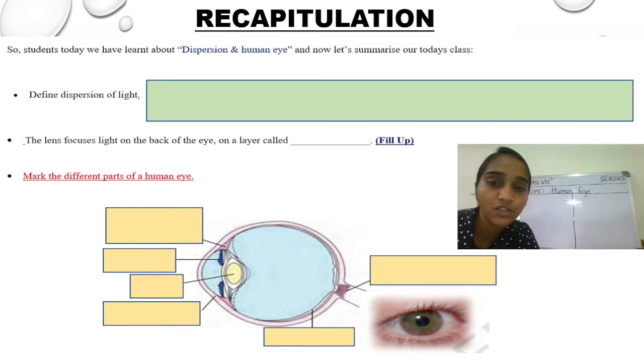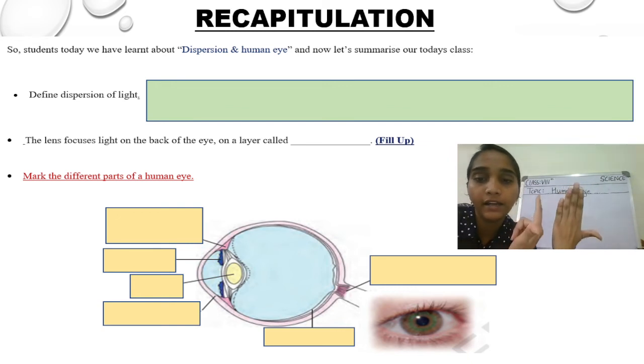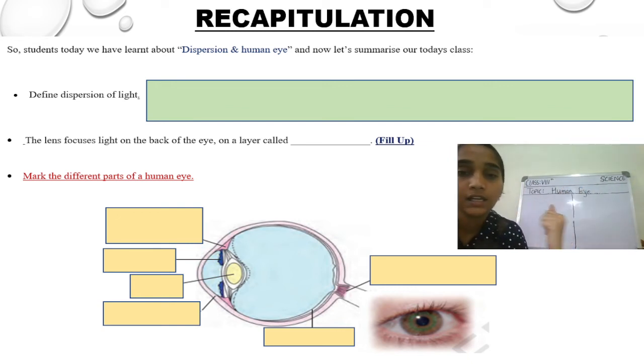Yes, the dispersion of light is the splitting of light into its constituent colors. Very good. And what are those constituent colors? Yes, those are the 7 distinct pure colors: violet, indigo, blue, green, yellow, orange and red.